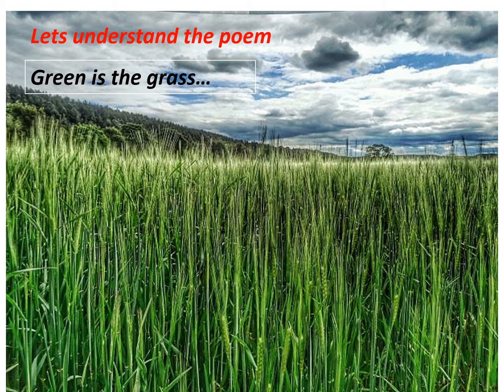Green is the grass. You can have a look on this slide. So there is green grass. Grass is actually green in nature. The color of the grass is green. We love greenery.